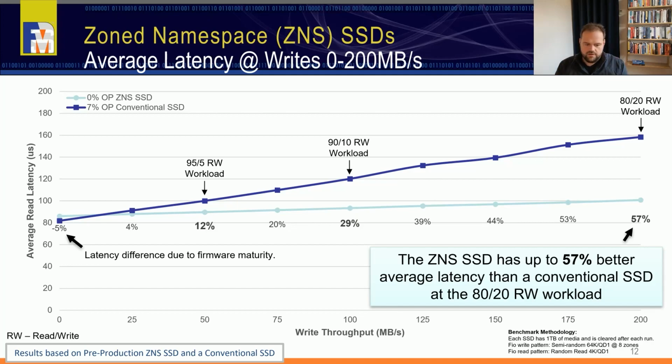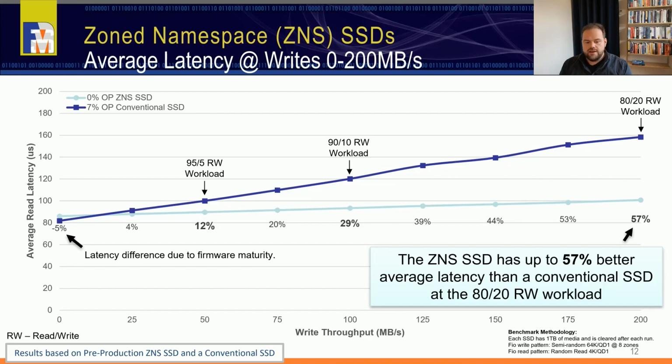We start out with no writes going on, just random reads. The first thing to note is that the pre-production ZNS SSD has slightly lower throughput, with latency slightly higher than the conventional SSD. That's only due to the firmware maturity of the pre-production ZNS SSD. A production ZNS SSD would have the same average read latency.